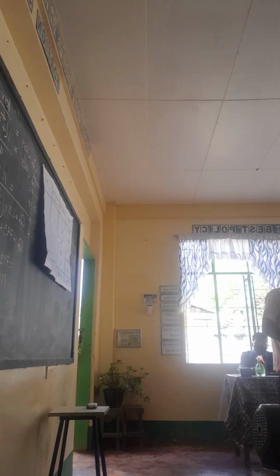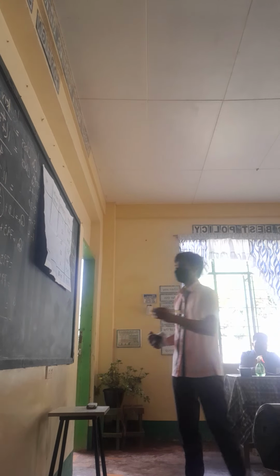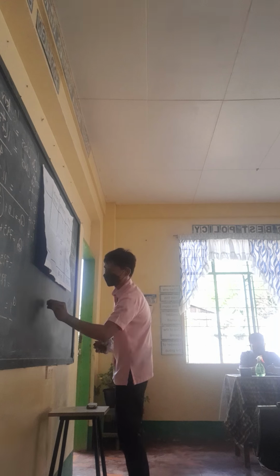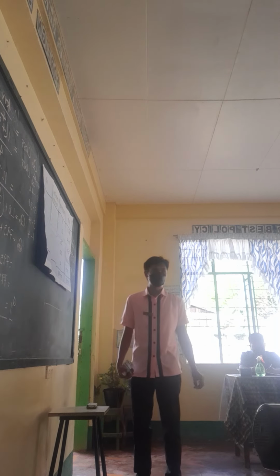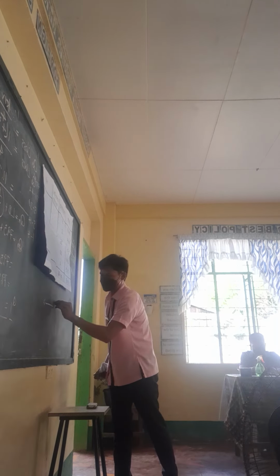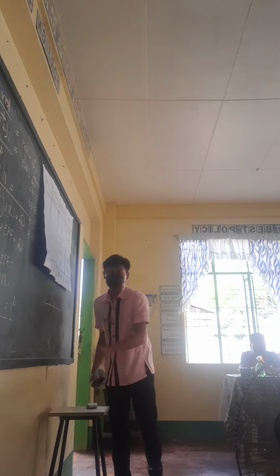Okay. In solving for a certain quartile of group data, the first thing to do is, of course, solve for the frequency distribution table first. You have learned that a quartile is divided into 4 distributions.